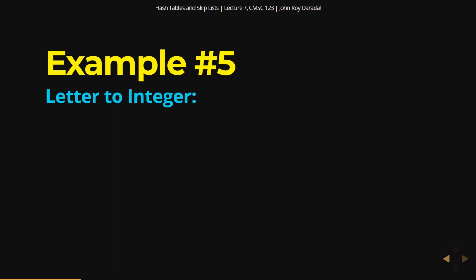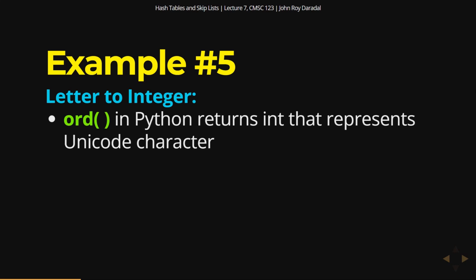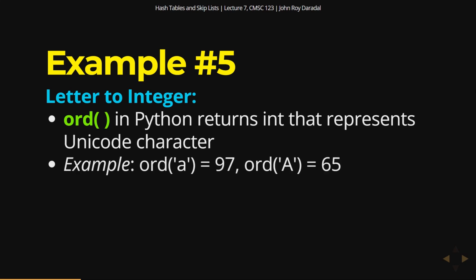So we are transforming the letter into an integer, and to do this, we have a function in Python called ord. The ord function returns the integer that represents the Unicode character. If you've encountered this before, you've probably seen it in the past.